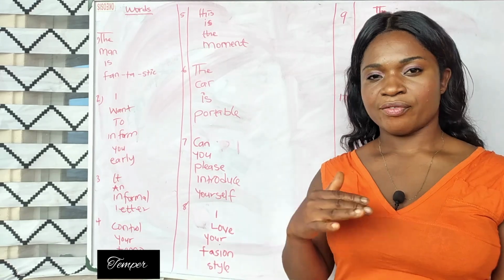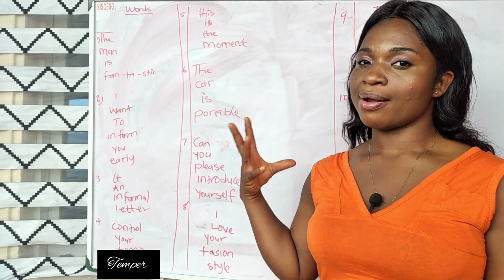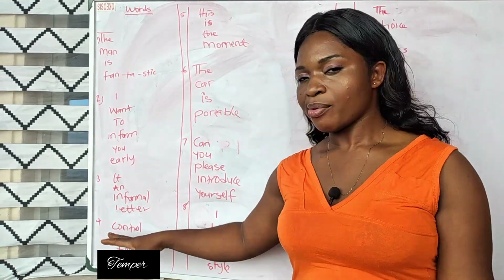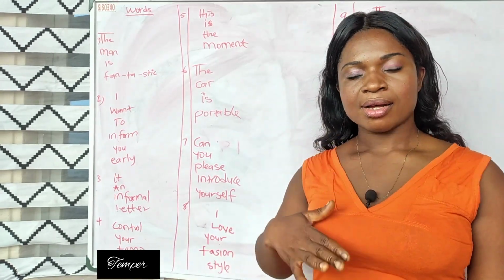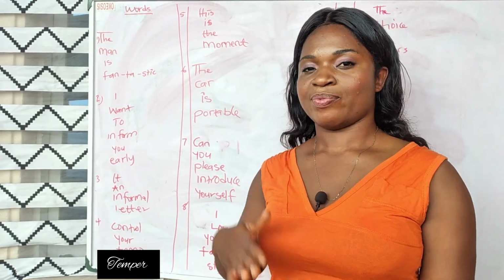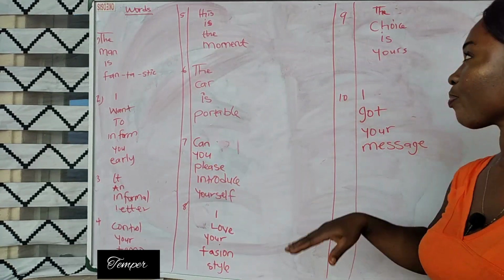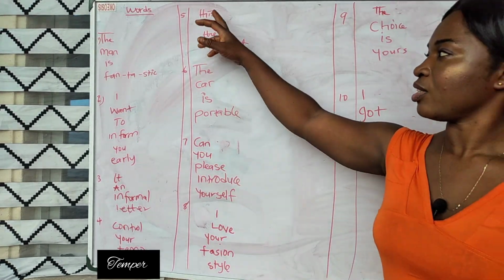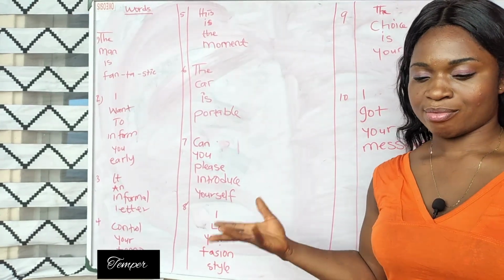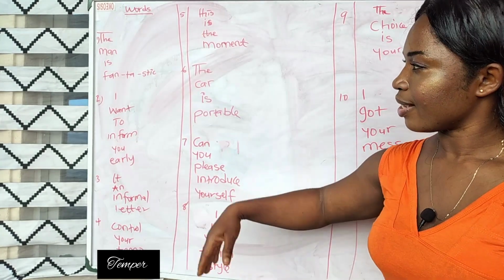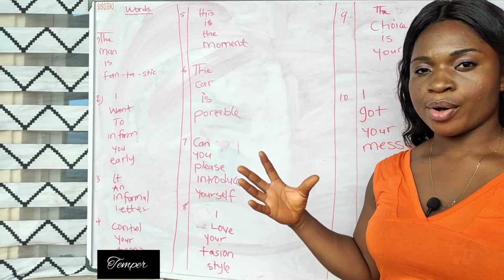The letter is not a formal one, it is an informal letter. Okay, number 4, control your temper. Control your temper, like bring it down. Okay, number 5, this is the moment. Now is the moment you're waiting for.